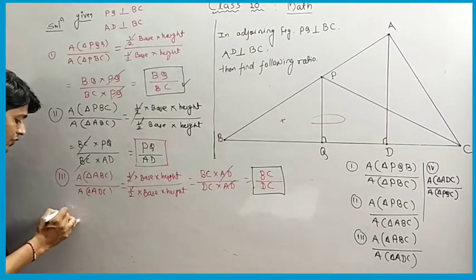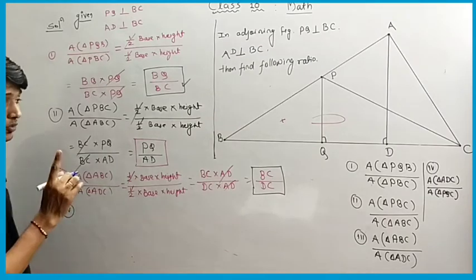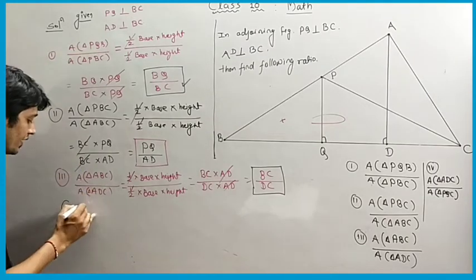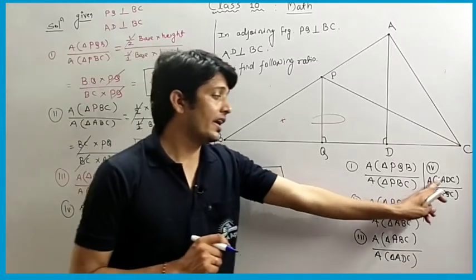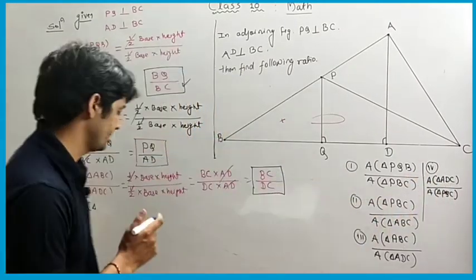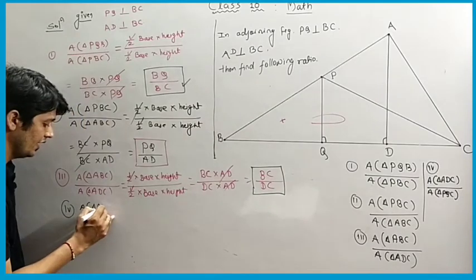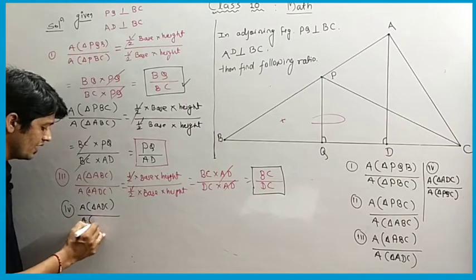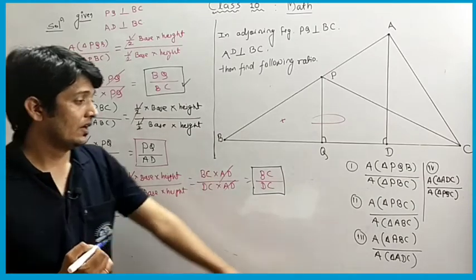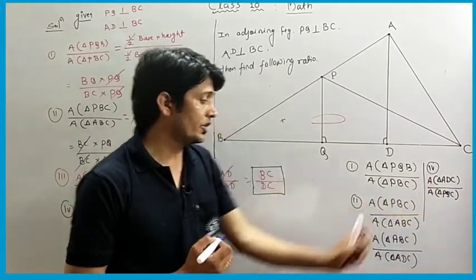Next we have the fourth one. The fourth one says area of triangle ADC divided by area of triangle PQC.